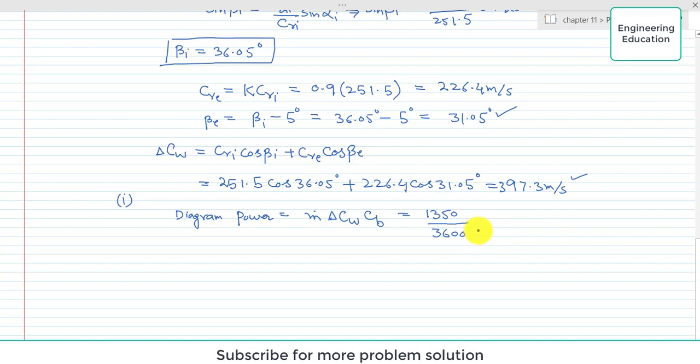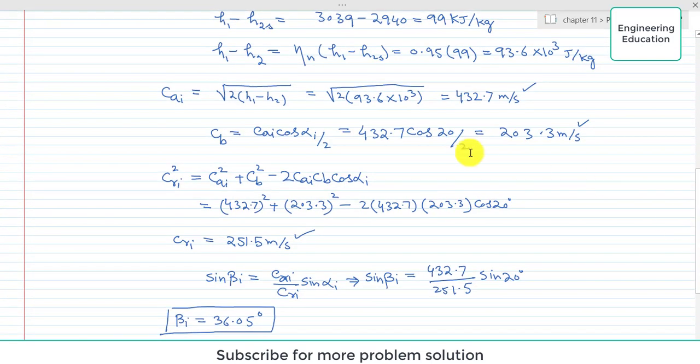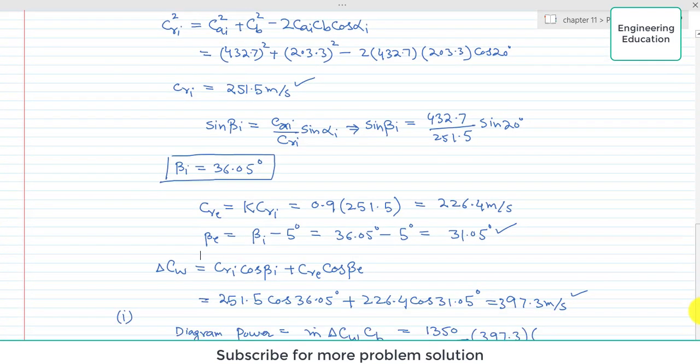Also, the value of delta CW is 397.3 meter per second, and the value of blade velocity, calculated already, is 203.3 meter per second.